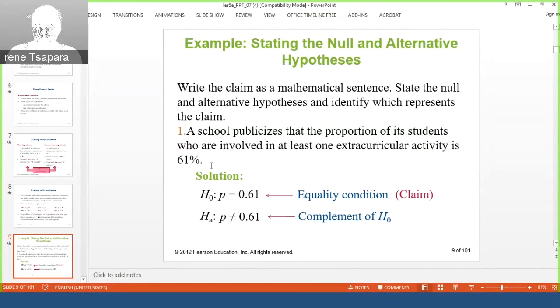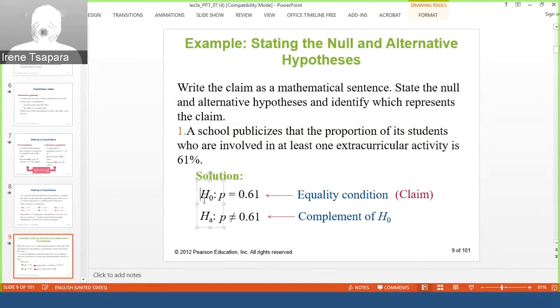But in any case, assume that this is the statement that the school gives. In this case, as we can see, the claim is clear. The school says that the proportion, the P of the students, is equal to 61%. So this is the claim, and since it includes the equality right here, it will become the null hypothesis.